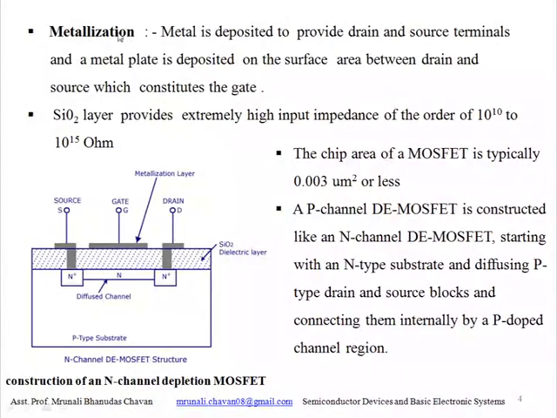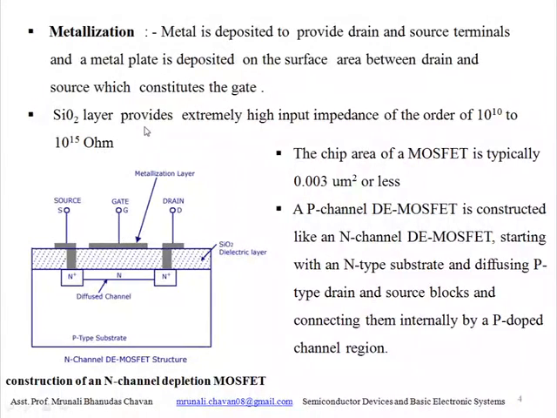By the process of metallization, the metal is deposited to provide drain and source terminals, and a metal plate is deposited on the surface area between drain and source, which constitutes the gate.